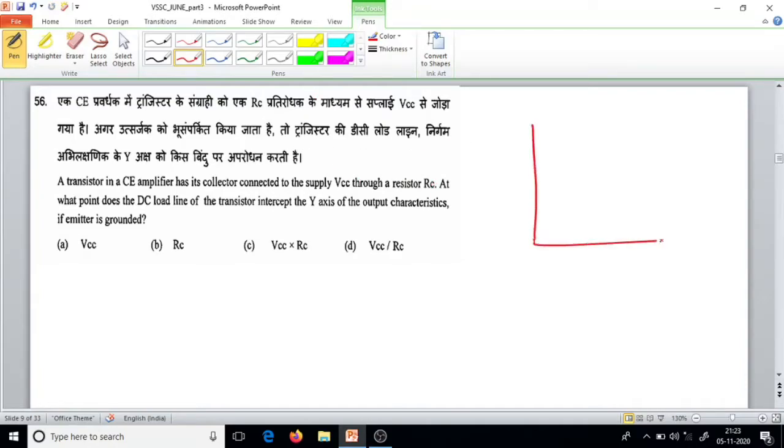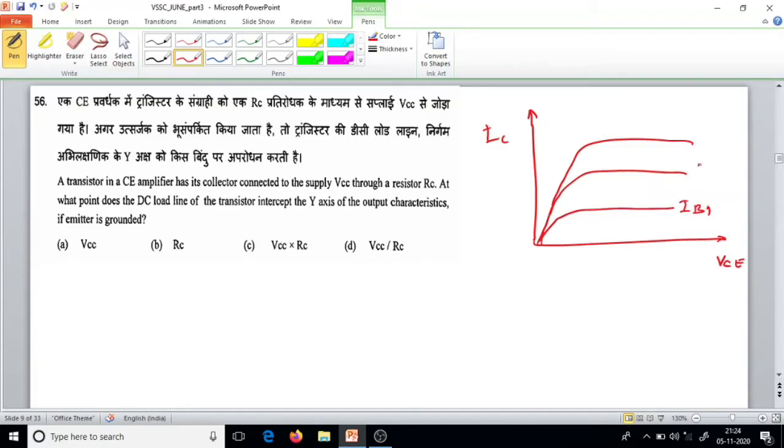If you see the DC load line analysis, this will be the VCE and this is the IC. We will have multiple curves, IB1, IB2, IB3. When you draw a load line, it passes like this.